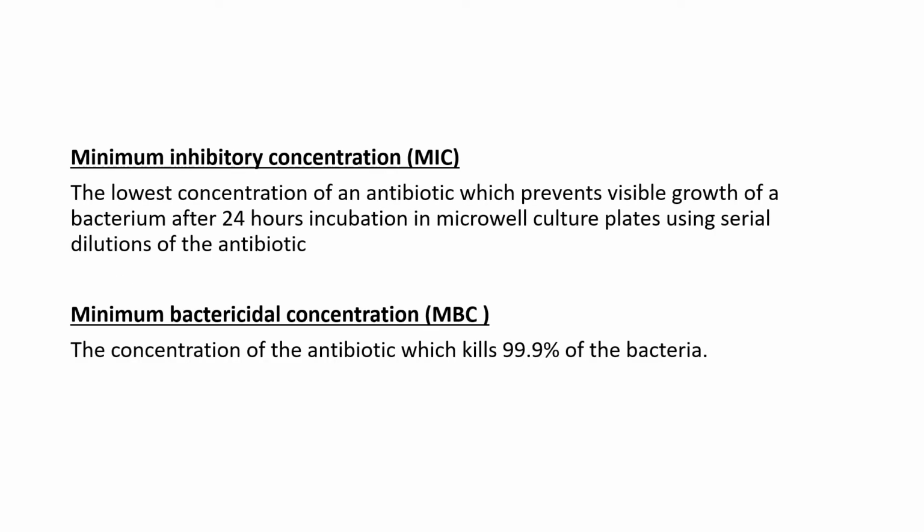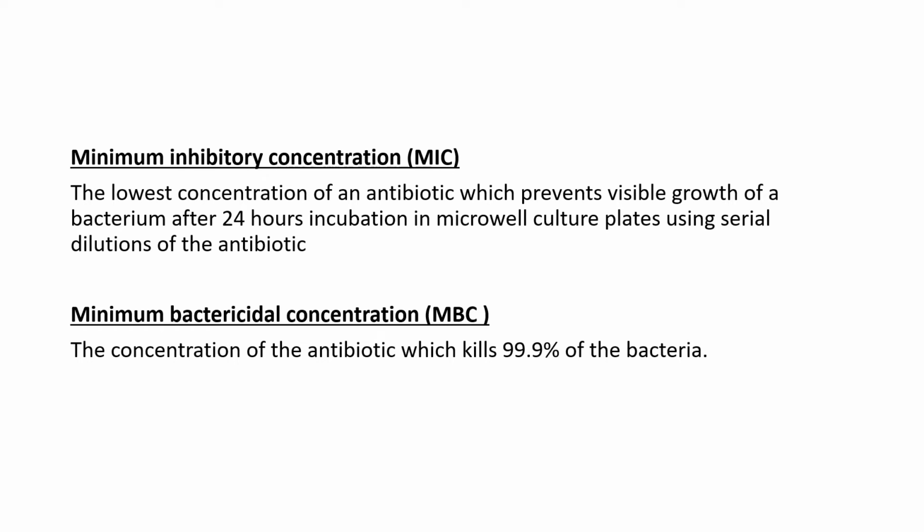And these are the other important terminologies you must know. Minimum inhibitory concentration, MIC. This is the lowest concentration of an antibiotic which prevents visible growth of a bacterium after 24 hours incubation in microbial culture plates using serial dilution of the antibiotic. So this MIC is actually derived in the lab.